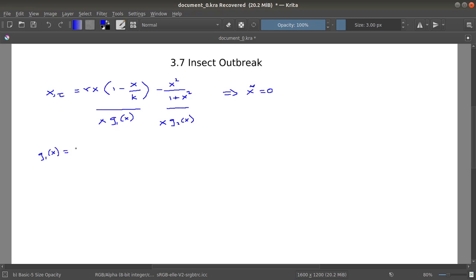That is r into 1 minus x by k, and g2 of x is equal to x by 1 plus x squared, okay? So let's plot these two things and see where they intersect.